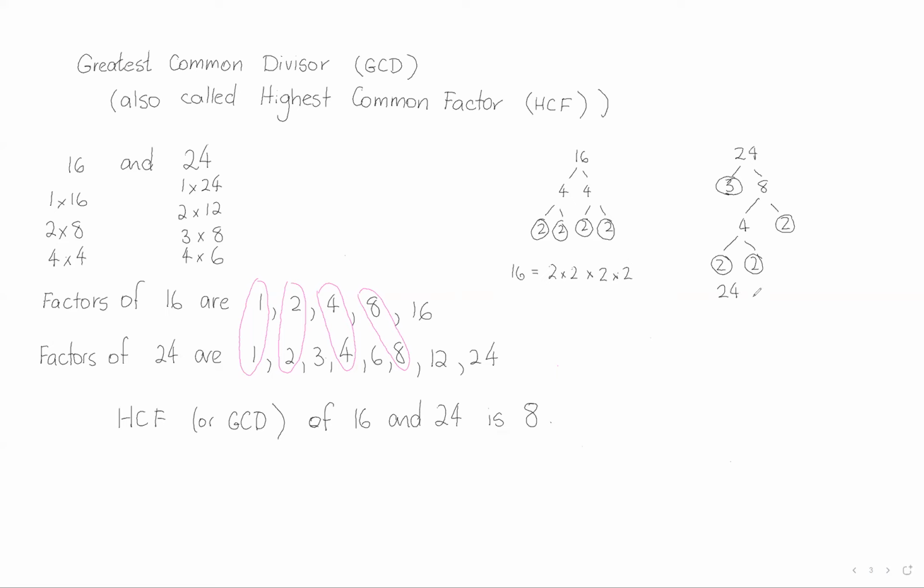And 24 is 2 times 2 times 2 times 3. And so the common prime factors are 2, 3 times. They've both got three 2s in them and they don't share any other factors. And so our GCD is 2 times 2 times 2, which is 8.